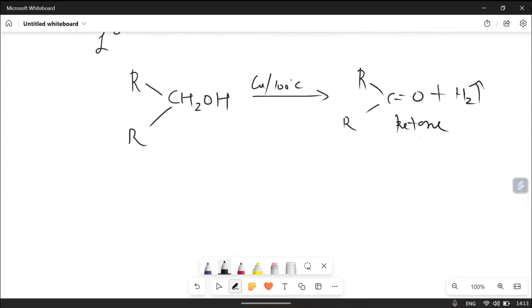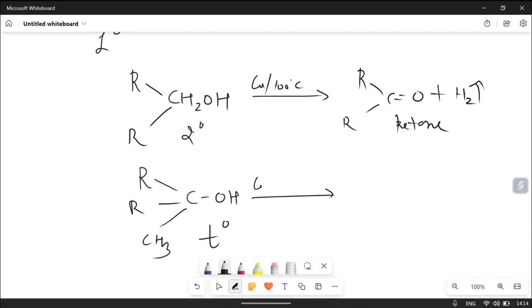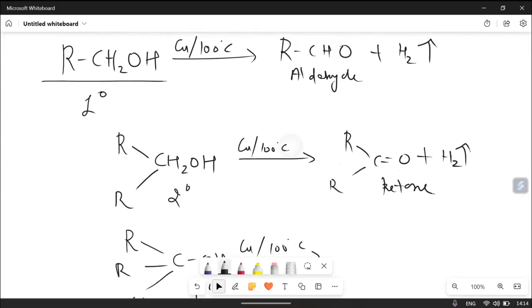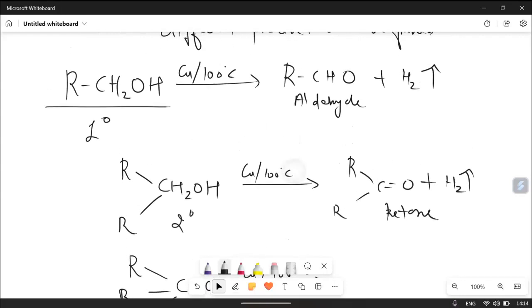And when there is tertiary, suppose R3COH, this is tertiary. Then tertiary is treated with Cu at 100 degrees Celsius. The temperature must be raised during the reaction. The temperature will be 300 basically, not 100 I think.